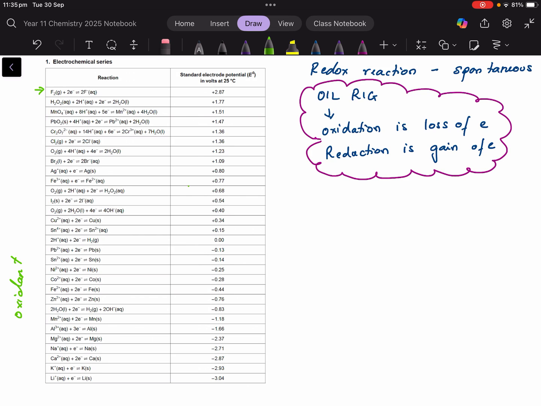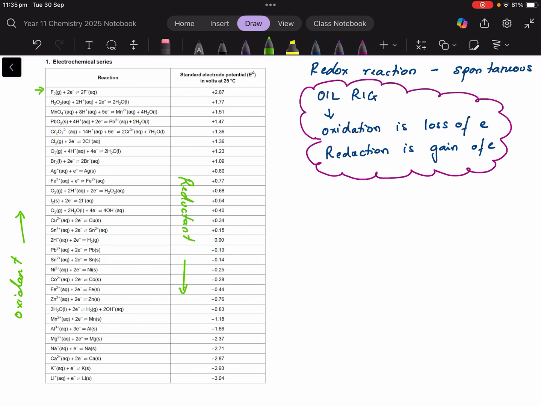So your reductants will be here. Might just try and make that a little bit neater. So your reductants are here, and your oxidants are going up this way.